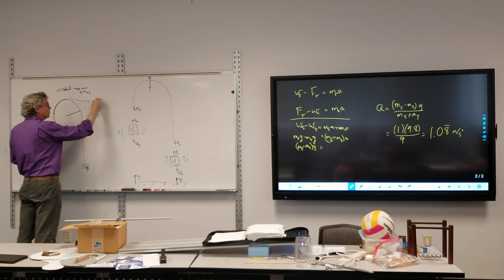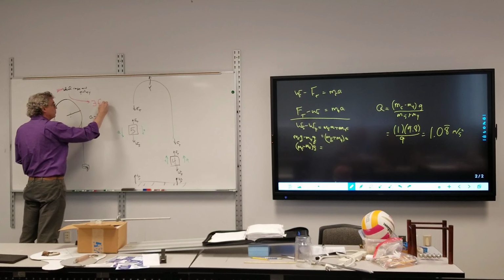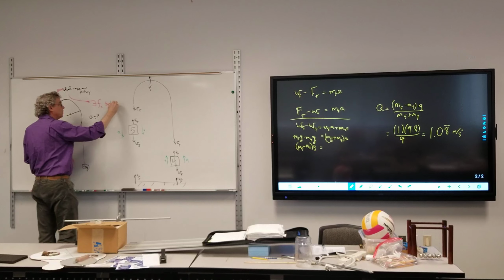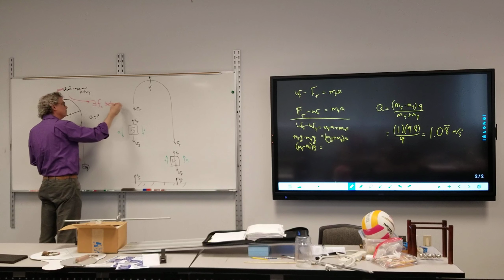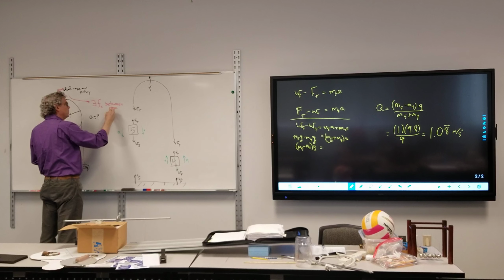There exists static friction between rope and pulley.